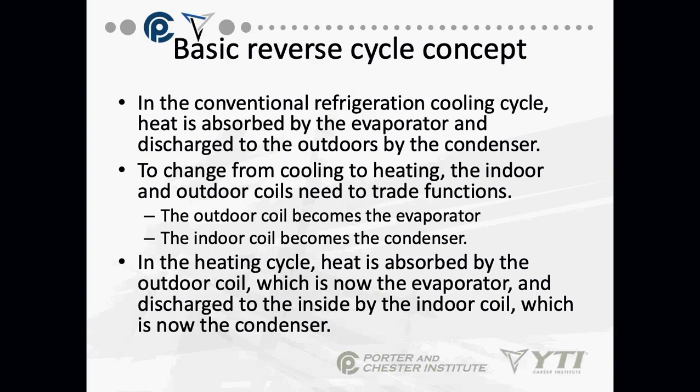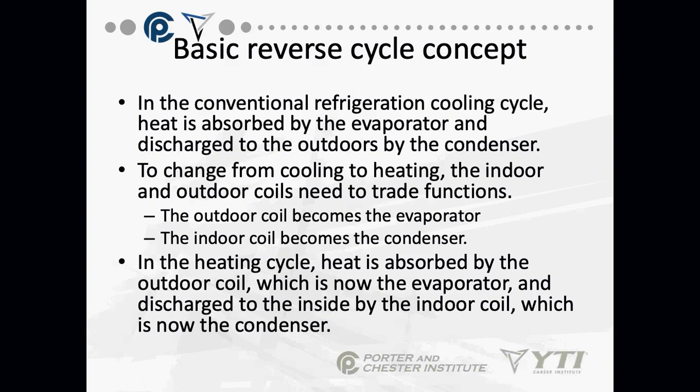Let me repeat that. In the heating mode, the outdoor coil becomes the evaporator. The indoor coil becomes the condenser. In the heating cycle, heat is absorbed by the outdoor coil, which is now the evaporator, and discharged to the inside by the indoor coil, which is now the condenser.